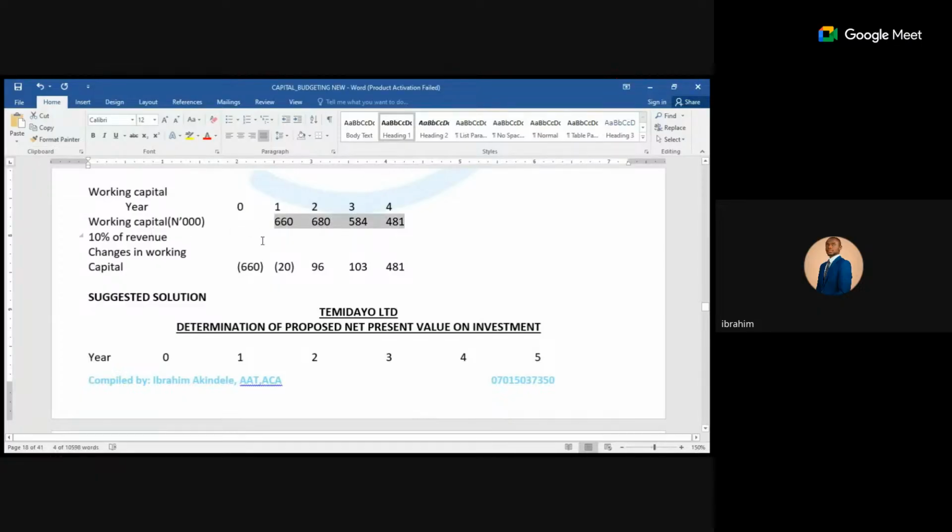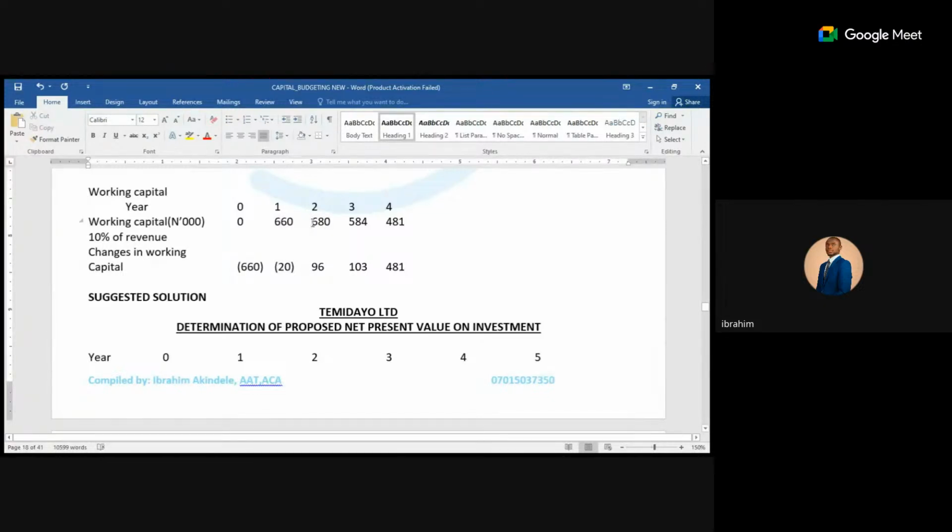What you have here is 0, just put this to be 0, and you have here 1. Meaning that the working capital has increased from this place to this. That is an increase. Then come to this side and say, you have 660. From this side to this side, you have an increase. It becomes an outflow.